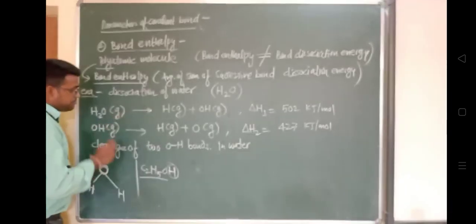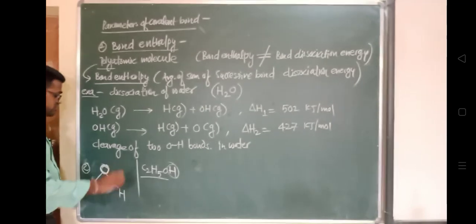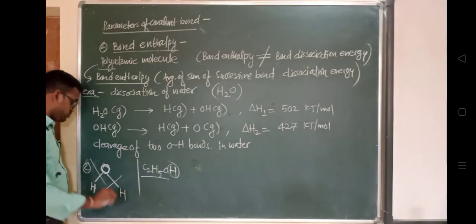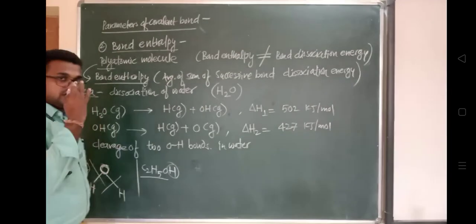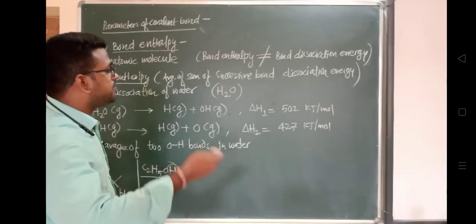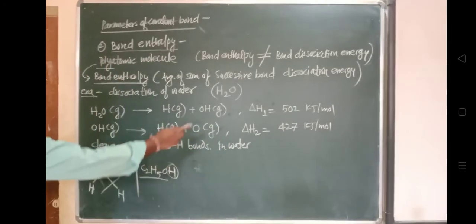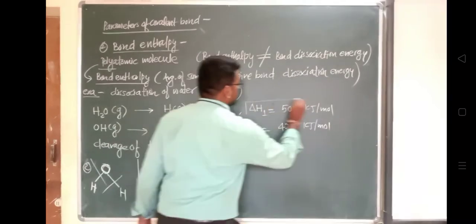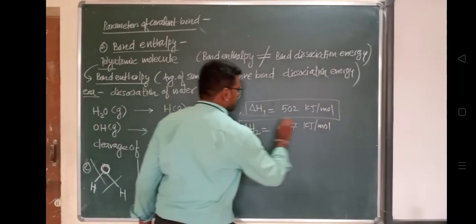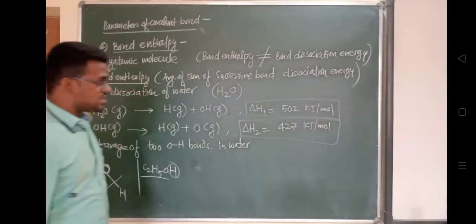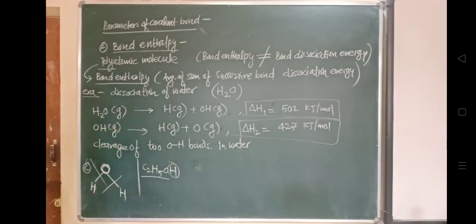Bond enthalpy is calculated by taking the average of the first and second step values. You can add both and take the average.